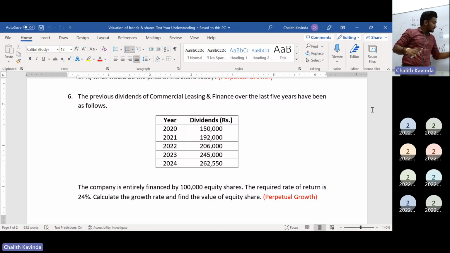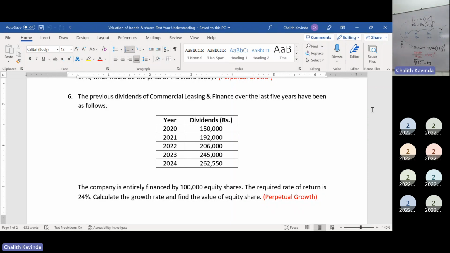No. Because the dividend growth rate is 15%. Sometimes after this, it could change. We are using the 15%, but it does not link with the number of years. Accordingly, what is the model? Perpetual growth model. You have to calculate your next year dividend.